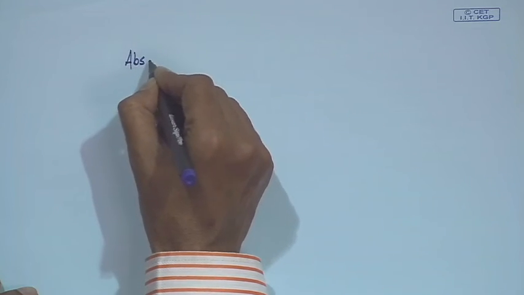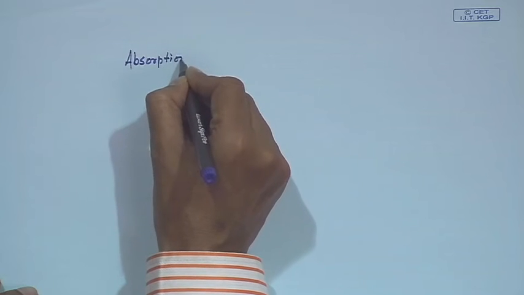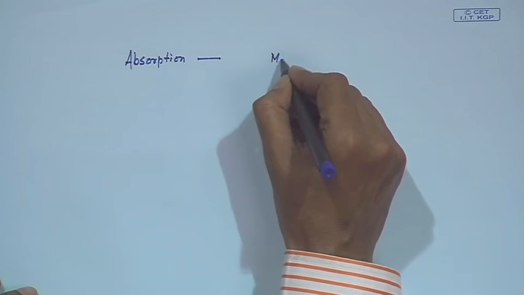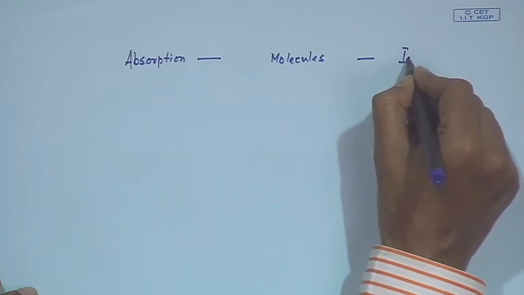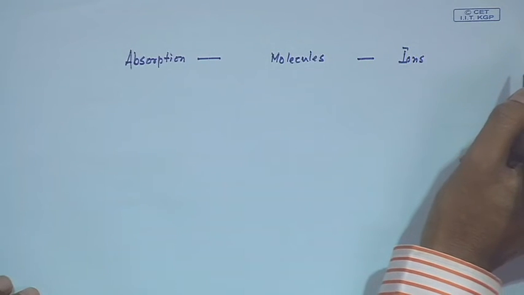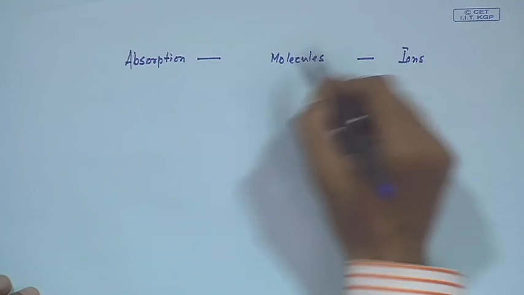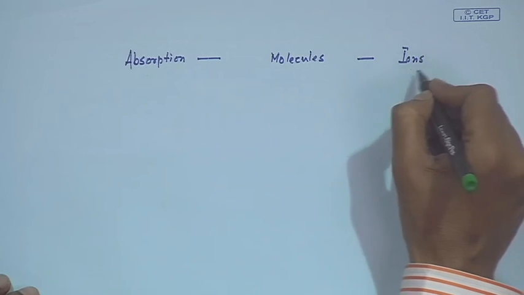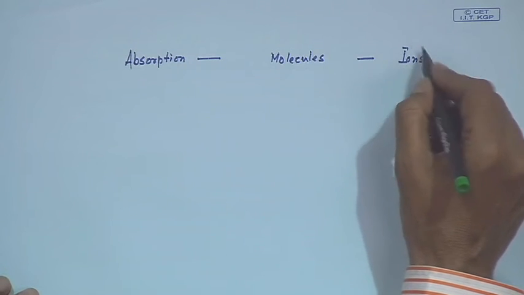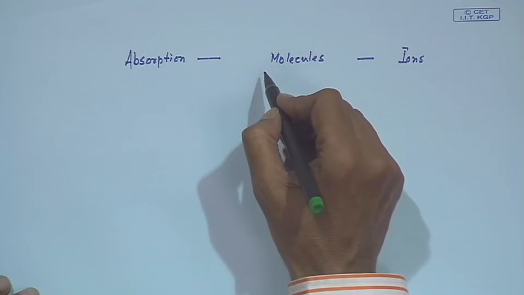Now we will see what type of species are responsible for color absorption. So far we are talking about absorption by molecules or ions, the metal ions, and these can be your corresponding analyte-reagent product, where the metal ion is reacting with your reagent.